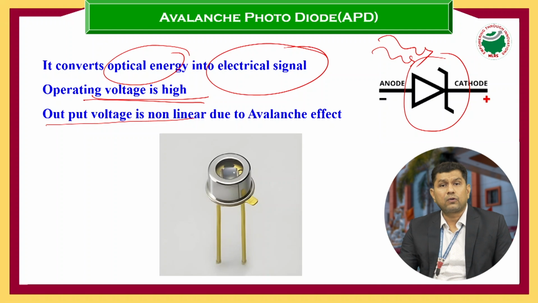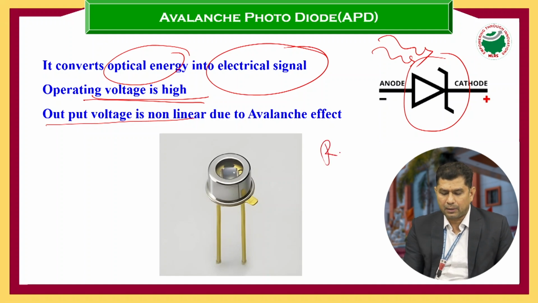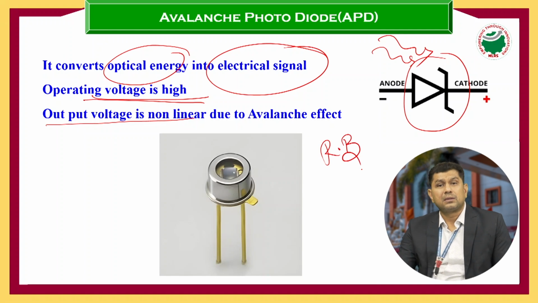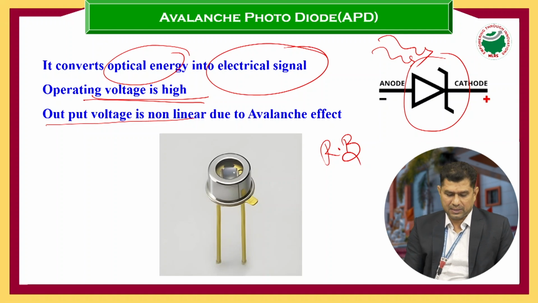Usually all photodiodes, like PIN, APD, Schottky diodes, are operated in reverse bias mode. This reverse bias is nothing but the photoconductive mode. So this is a real-time photodiode that we use in our regular life.